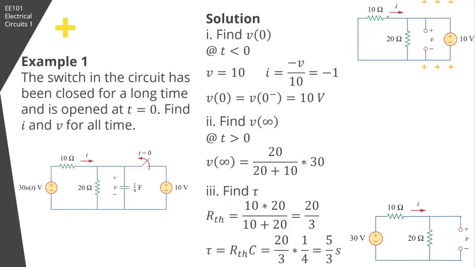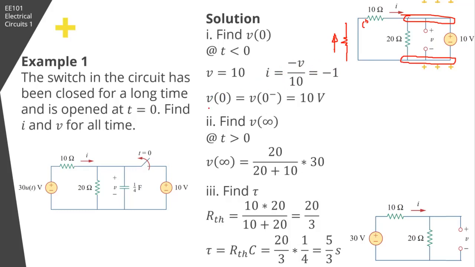Parallel naman na sagod. Ang i nato is equal to negative v over 10. So that's why natay negative 1.